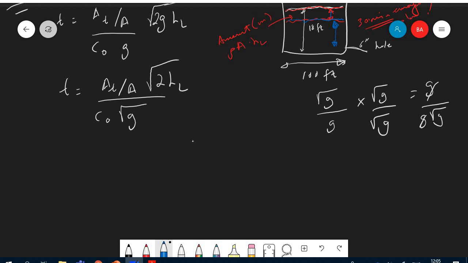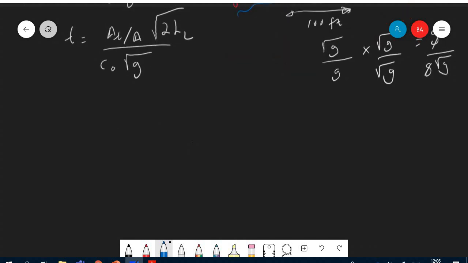To know the amount that I'm going to lose, which is the mass in this case, I need to know the mass. And what is the mass? It is the density, which I already have, times the area, which I already have. All I need is to get the HL. Of course, what is HL? HL is the distance above that leak.